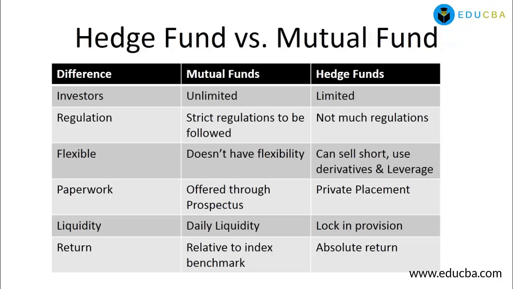They believe in absolute returns. So irrespective of the performance of the index to which they are benchmarked, their returns are absolute, and this is because they have the privilege of using derivatives. They can sell short and they also can leverage. That is the reason they are in a position to provide you absolute returns compared to a mutual fund, which depends on relative returns.